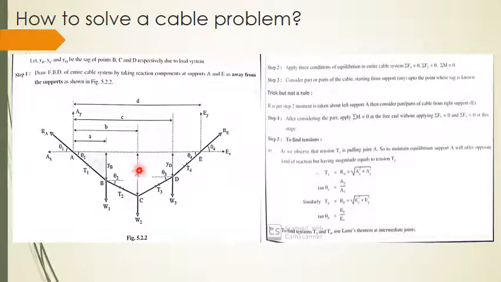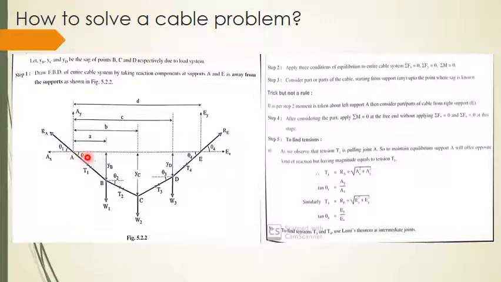For example, if YC is given, then I take the moments about point C, and I'll consider either part ABC of the cable or CDE of the cable, and then find the remaining unknowns. When we are going to solve the problems, it will be more clear to you.